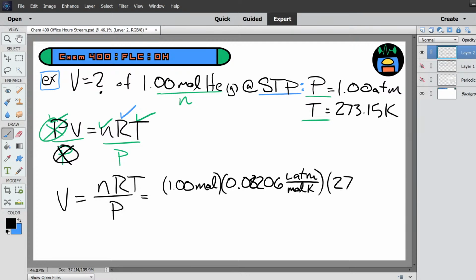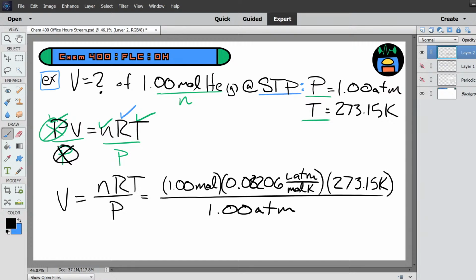And then let's multiply by temperature, 273.15 Kelvin, all over our pressure of 1.00 atmospheres. All right. And you'll notice that atmospheres cancel, moles cancel, and temperature cancels, right? Kelvins cancel.